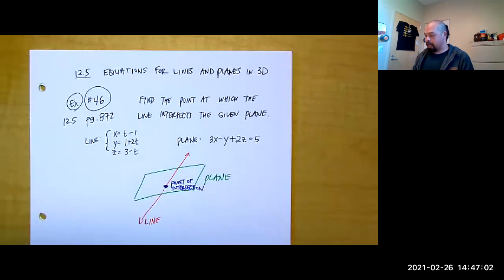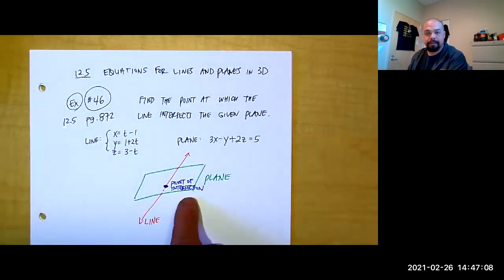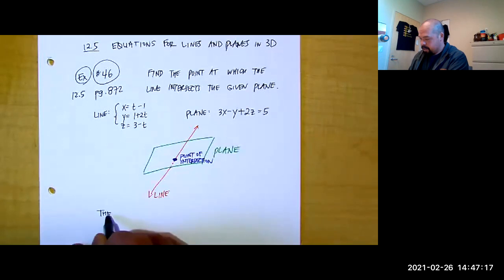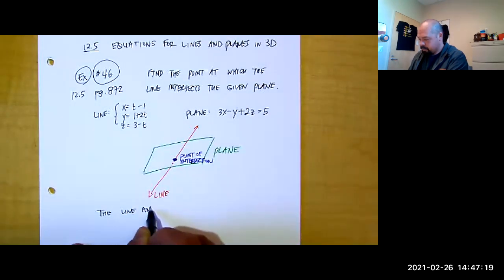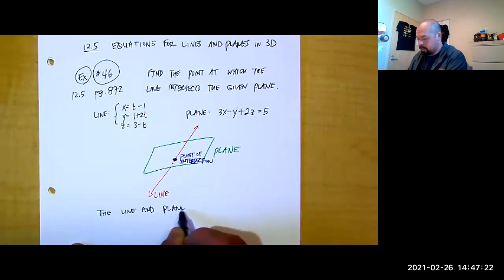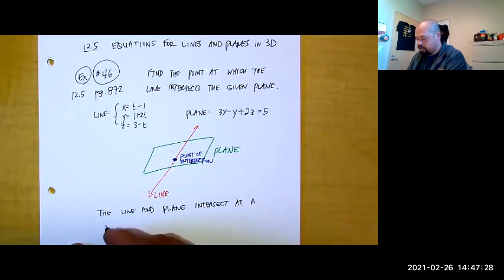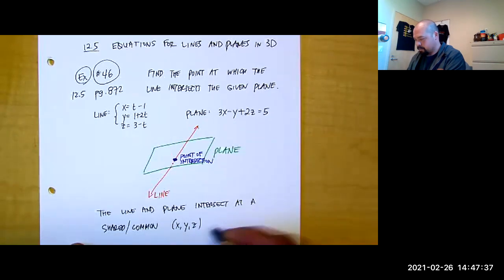Okay. And so just like when we were intersecting lines back in algebra, right? Figuring, okay, when are we going to intersect? We know that the line and plane are going to intersect at a shared, right, a common x, y, z coordinate, right, ordered triple.